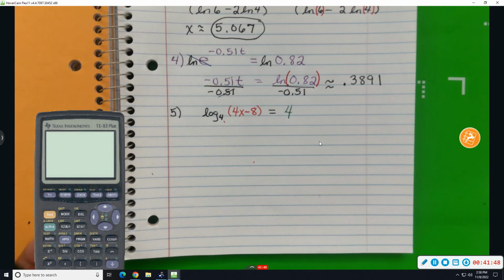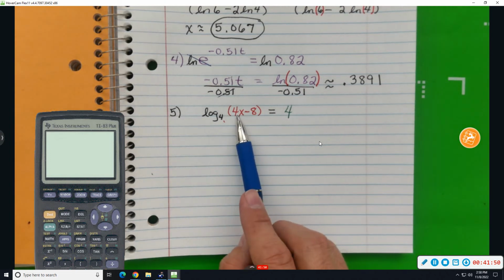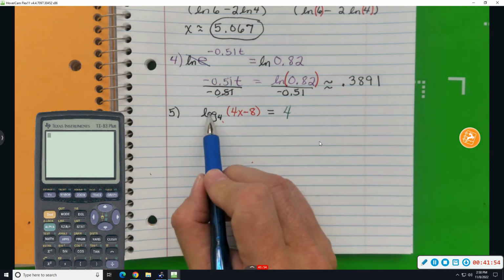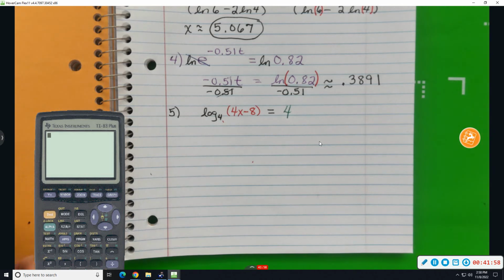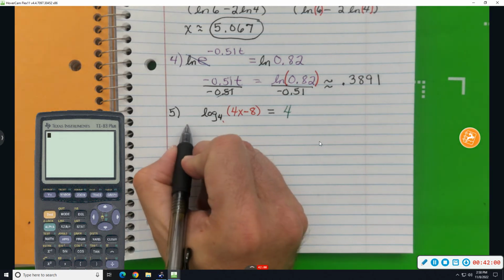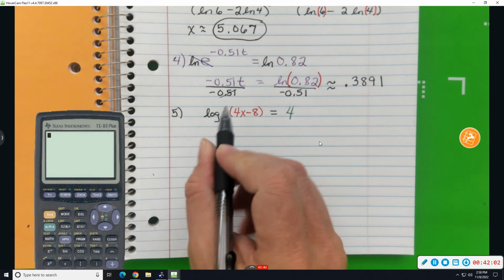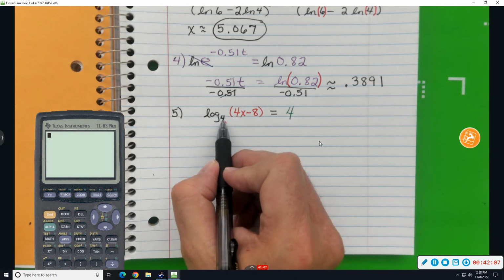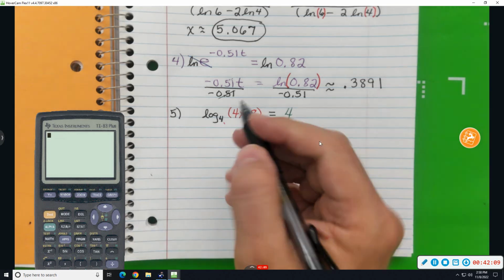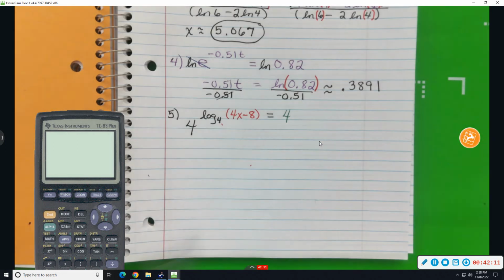What you're going to do is try to get the x by itself. And the way we do that is by first canceling out this log base 4. What number would I need to put right here that would cancel out that log base 4? Well, another 4. Okay? We have that rule of logarithms about the common base.